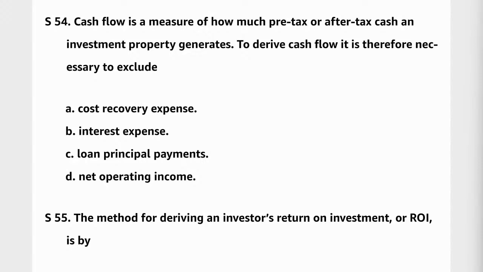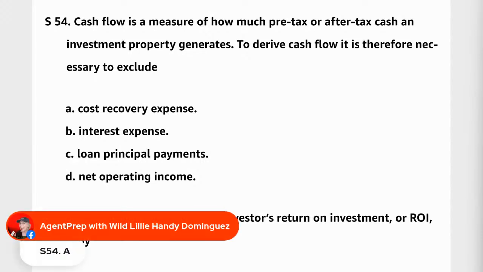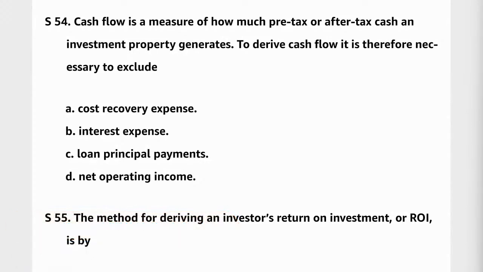So let's see what the book says. Cash flow is the difference between the amount of actual cash flowing into the investment, that is your gross income, as revenue, and out of the investment for expenses, debt service, and all other items.